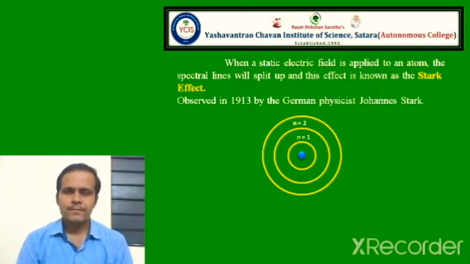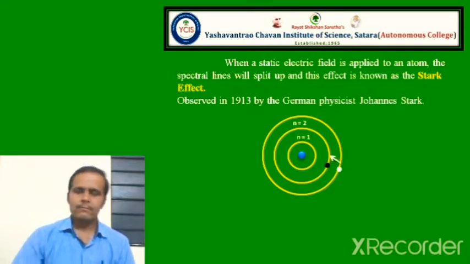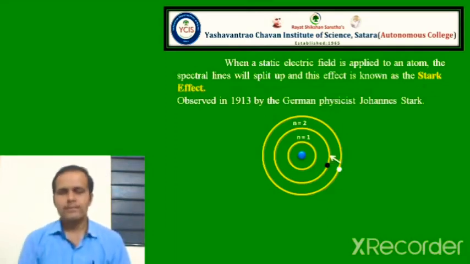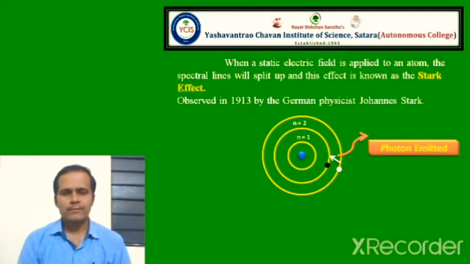Hence, the outer orbits have higher energy and the inner orbits have lower energy. When an electron makes a transition from a higher energy orbit to a lower energy orbit, it will emit photons, and we can observe these photons under a spectrometer. We will observe spectral lines in a spectrum.